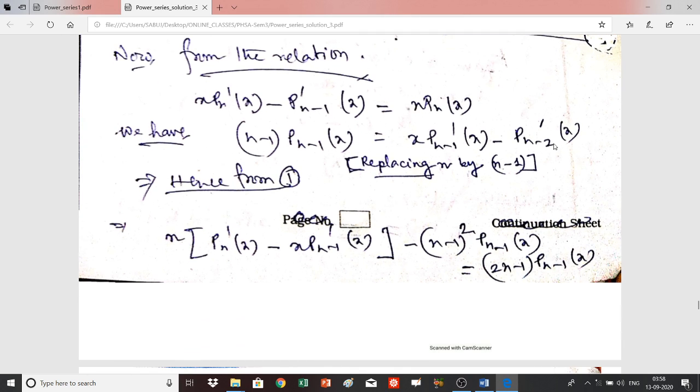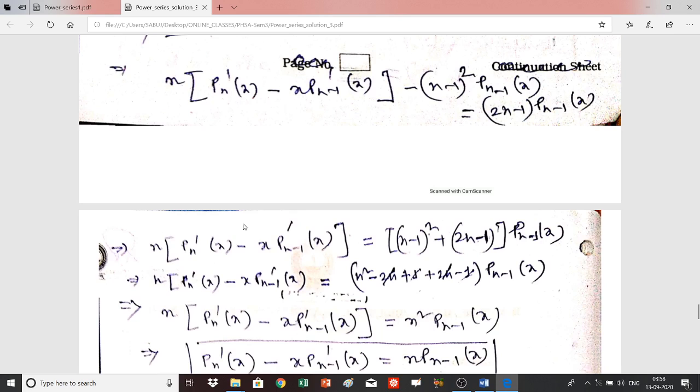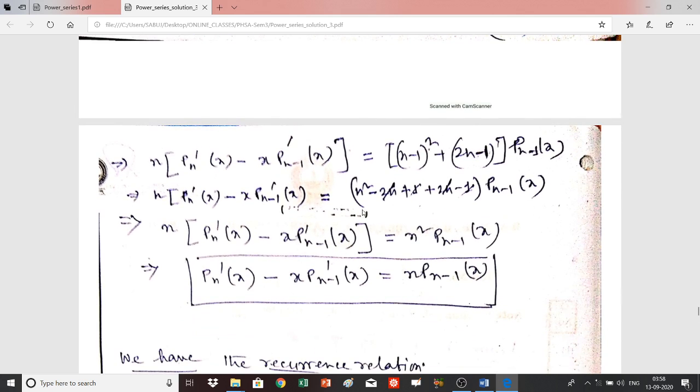Just substitute these values in equation number 1. From equation 1 we can get this. So now we simplify n into Pn prime x minus x into P(n-1) prime x, that is equal to, just simplify this (n minus 1) square to (n minus 1) P(n-1) x. So the complete calculation is given here. Just look at it, and it will not be very difficult to understand.